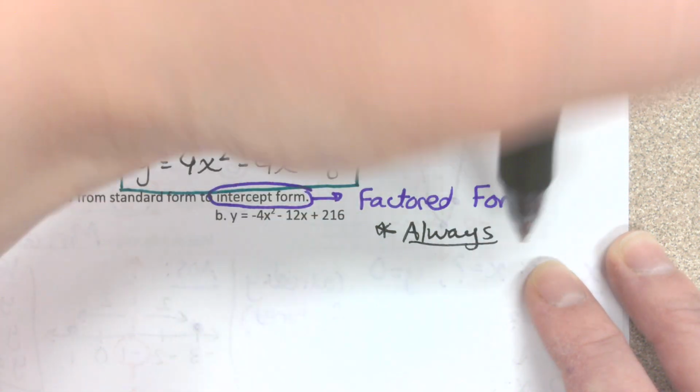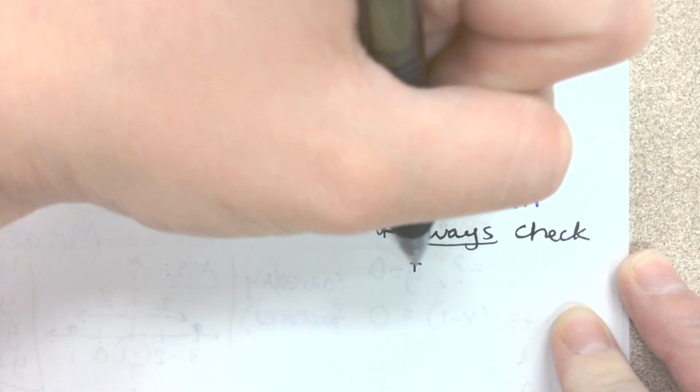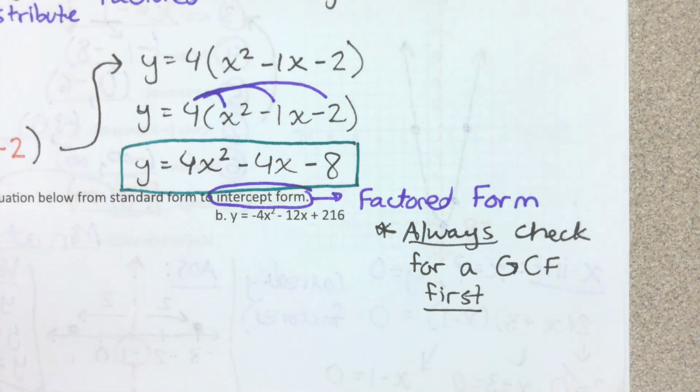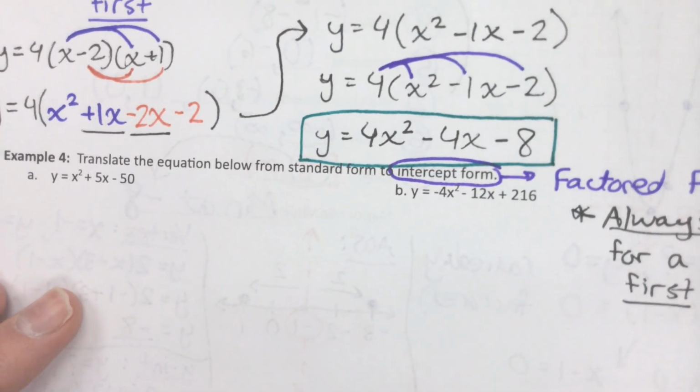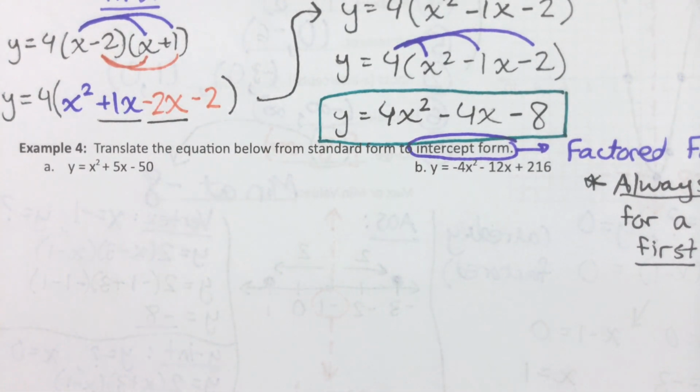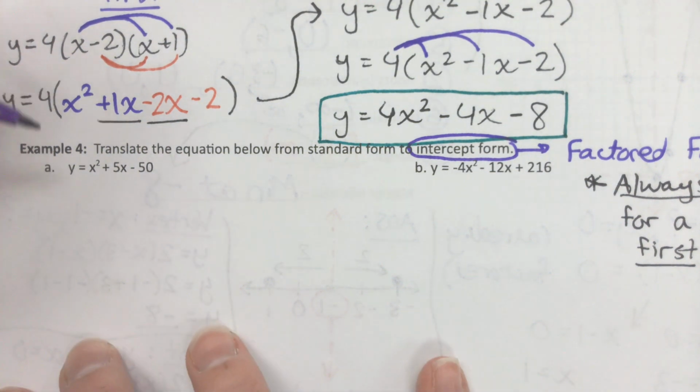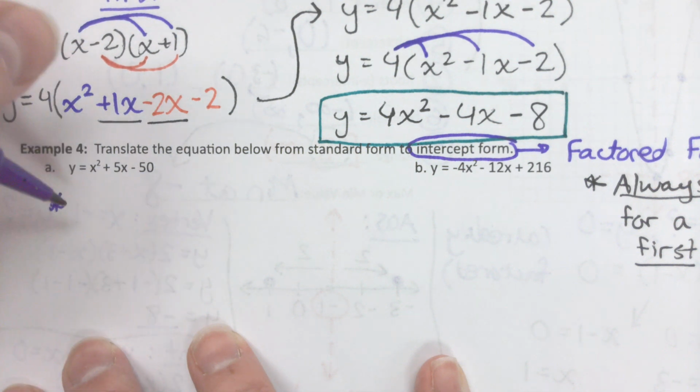Always check for a GCF first. From now on, my first step is I'm going to write GCF. If there's a GCF, I'm going to write it down. If there's not a GCF, I'm going to write none. But at least I am acknowledging that I checked for it.